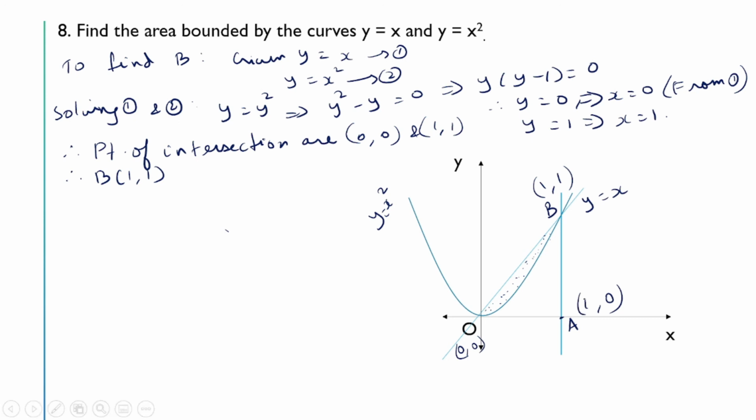Now, we can find the area of the shaded part very easily. We can find the area of the shaded part as the area of this triangle OAB minus the area of this part OBA.